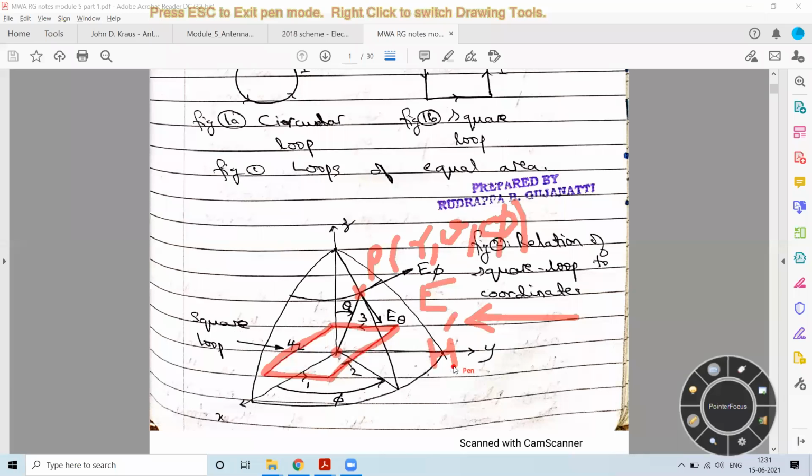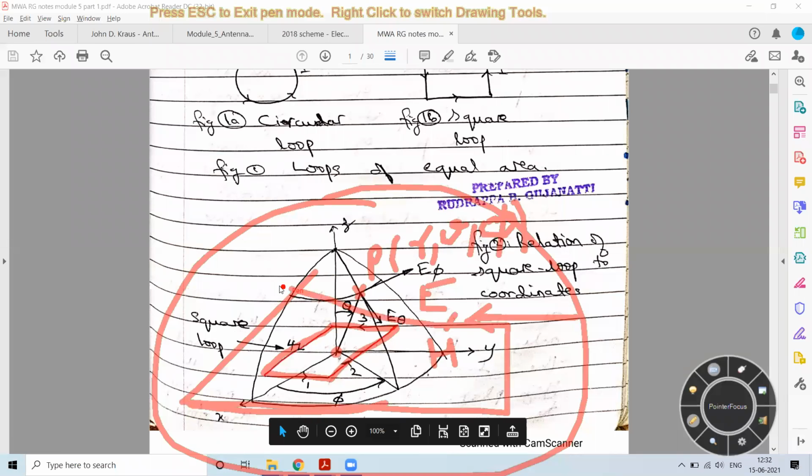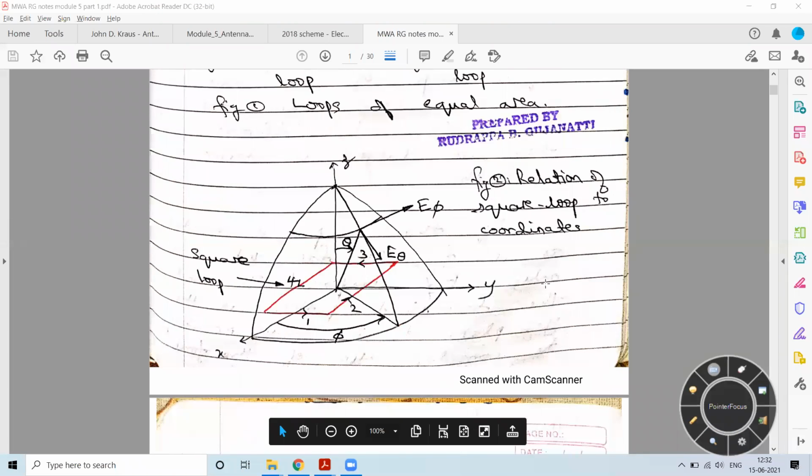We try to estimate those. And this is the orientation we are considering: the loop is placed along the XY plane. This is the orientation we will be looking at.